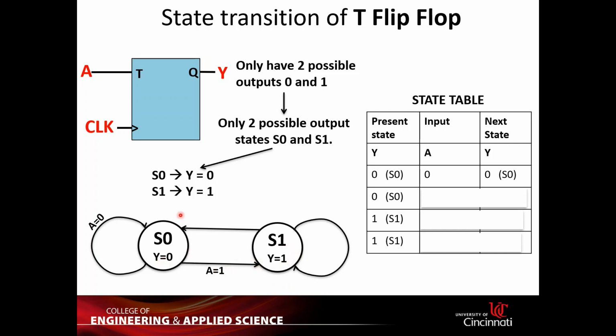If I'm at S0 and my input is 1, then I will go to the next state, because flip. If I'm at S1 and my input is 0, go back to the current state. And if my input is 1, then I'll go to the other state. So that is the state transition of the T flip-flop.